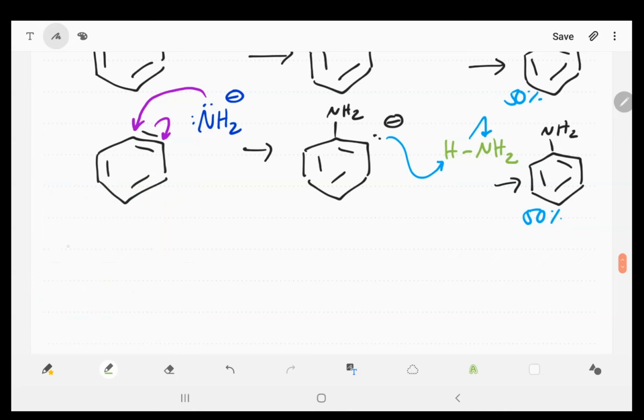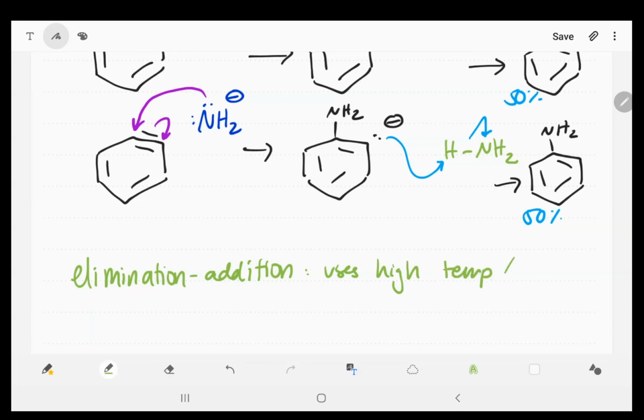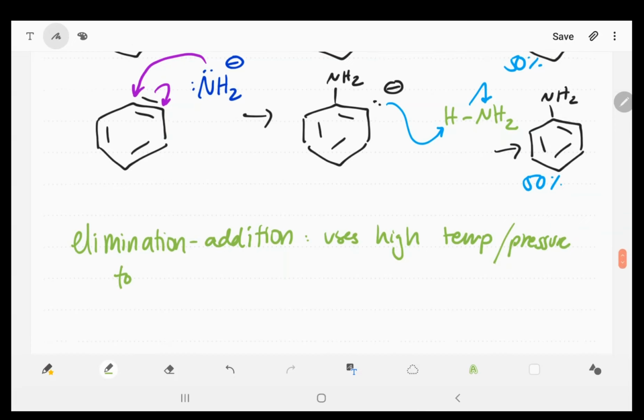So elimination addition uses kind of high temperature, pressure, to do a nucleophilic aromatic substitution without an electron withdrawing group on the ring.